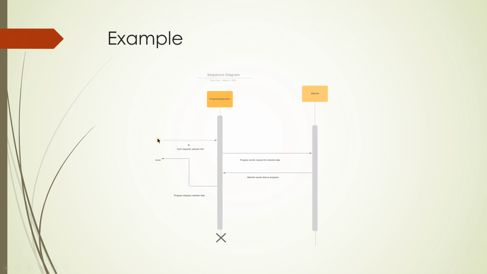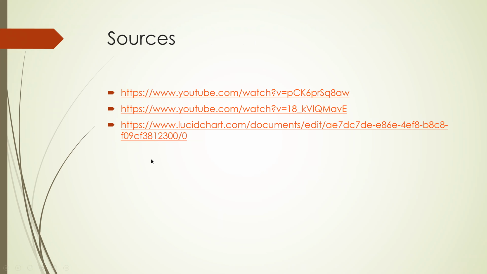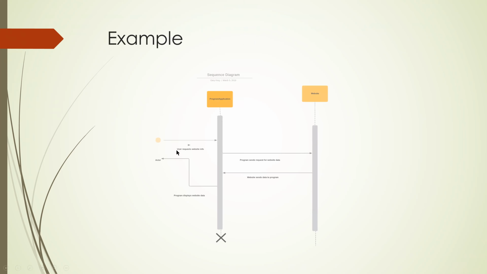It's really hard to tell, but this is a stick figure here. And that's going to be our user. And I'm just doing a quick URL request and then the program. So for example, in my program, it would prompt the user for a URL.